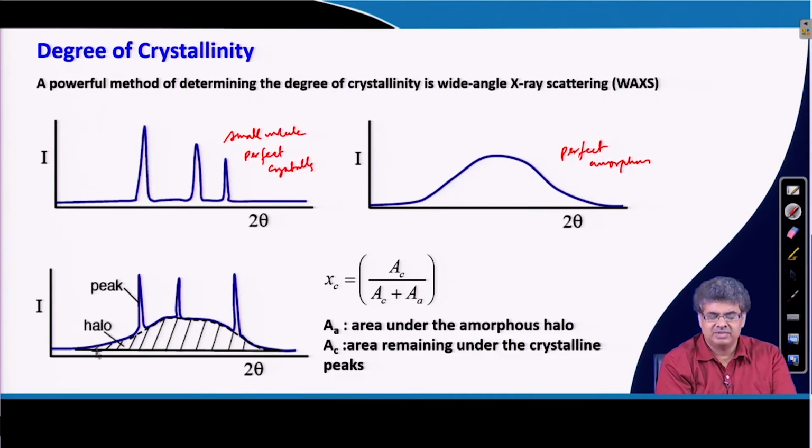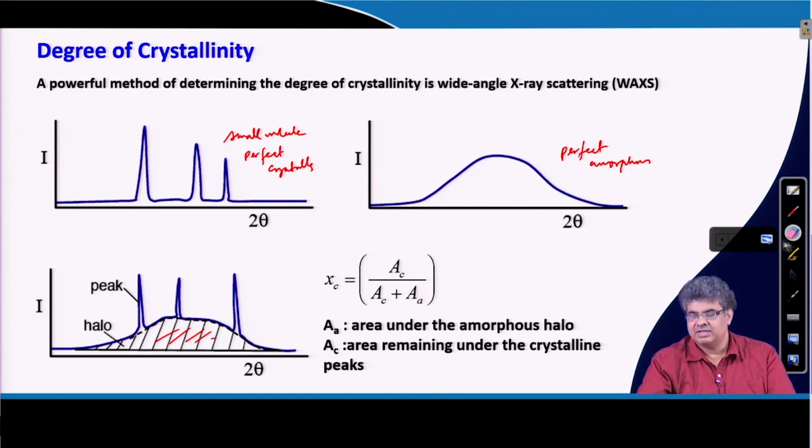For a semi-crystalline polymer we get a mixture of crystalline peaks and amorphous halo as shown here, and from the ratio of the area under these crystalline peaks and this amorphous halo we can get the degree of crystallinity, which is given by the area under the crystalline peaks divided by the area under the crystalline peaks plus the area under the amorphous halo, which will give the weight fraction of crystallinity or degree of crystallinity.